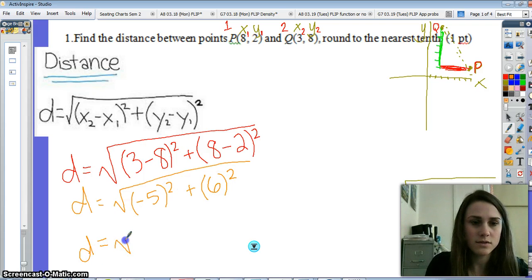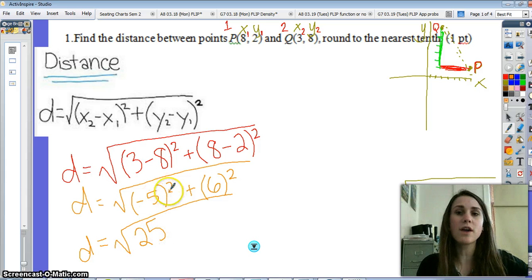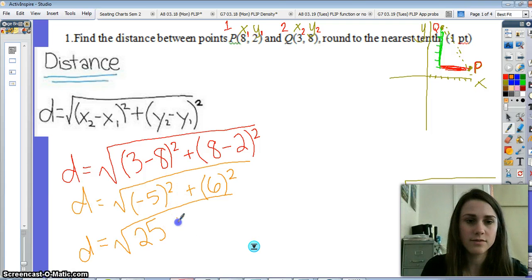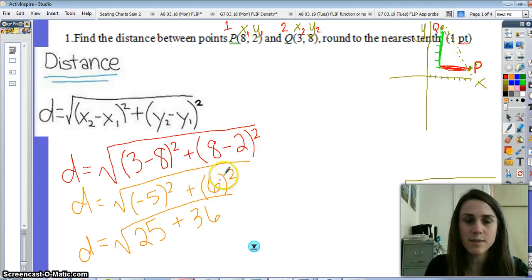Distance equals, now -5 squared is the same as -5 times -5. 5 times 5 is 25, and a negative times a negative is a positive 25. So anytime we're squaring a negative, it's going to end up positive. Plus 6 squared is 36. Now you'll notice here, there are 6 boxes between the y coordinates of P and Q. That's where the 6 came from.